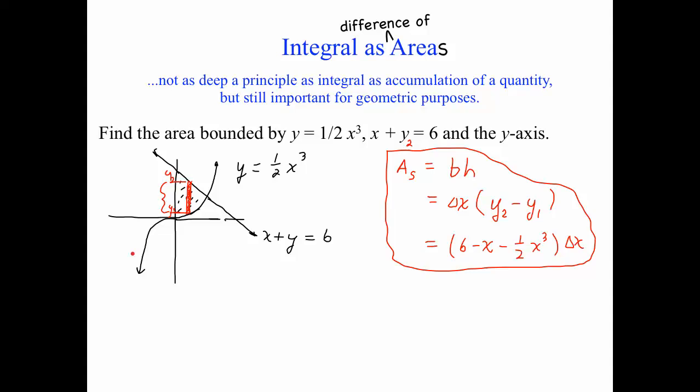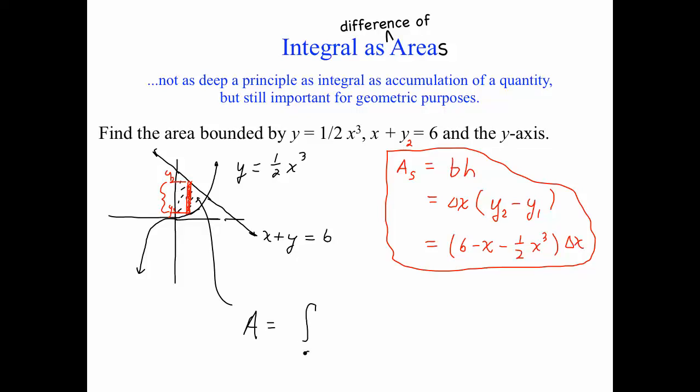Okay, and so the total area will be, we're going to sum up all the typical strips. It's delta x, so there's going to be the leftmost strip all the way to the rightmost. So the leftmost strip is at what x value? 0, because it's the y-axis, right? So imagine that red strip, the very first one, is over here at the left.